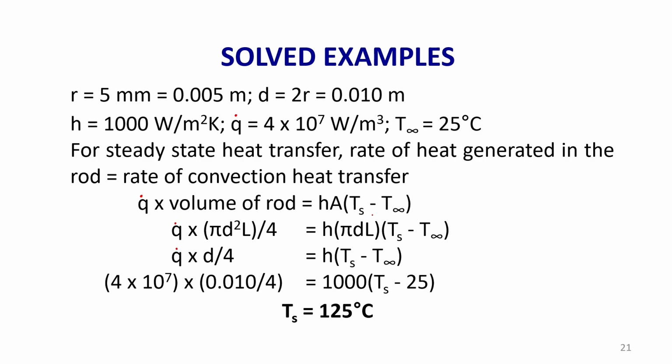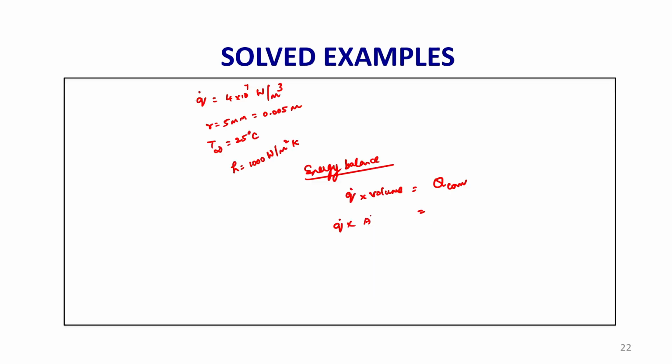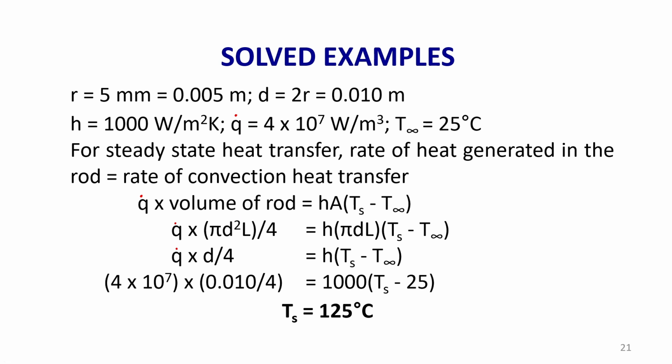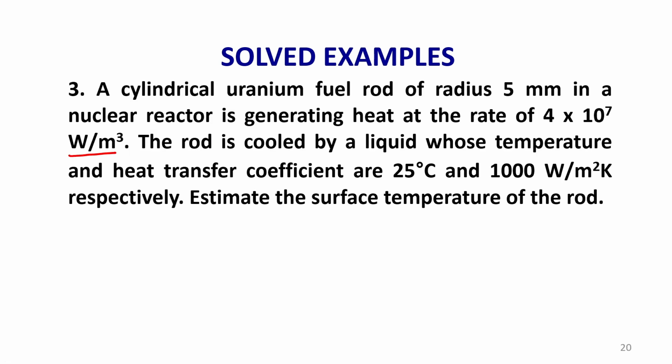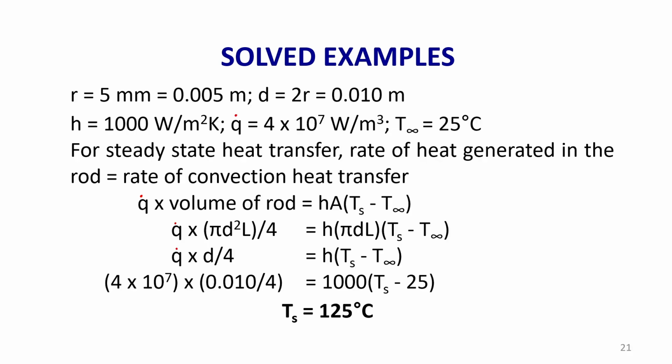So, this is equal to Q dot into, let us take the volume of the rod, pi by 4 d square L. That is the volume of the cylinder, that is equal to Q of convection, H into A into delta T, and we have to estimate the surface temperature of the rod.